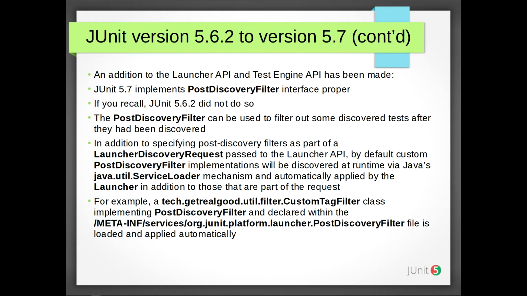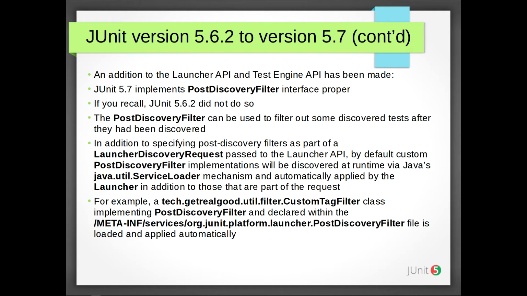In addition to specifying post-discovery filters as part of a LauncherDiscoveryRequest object passed to the Launcher API, by default, custom post-discovery filter implementations will be discovered at runtime via Java's java.util.ServiceLoader mechanism and automatically applied by the Launcher in addition to those that are part of the request.